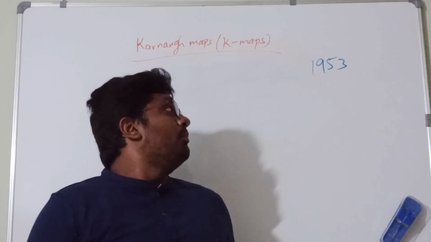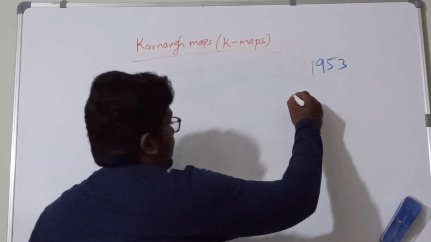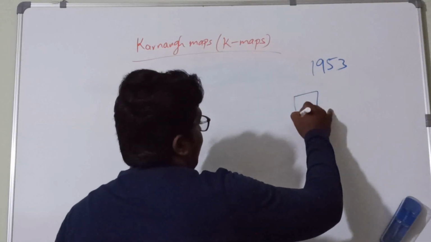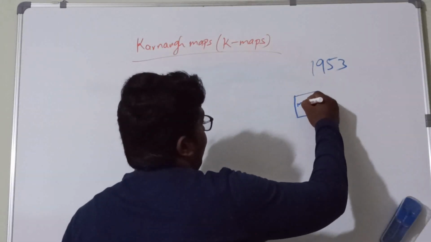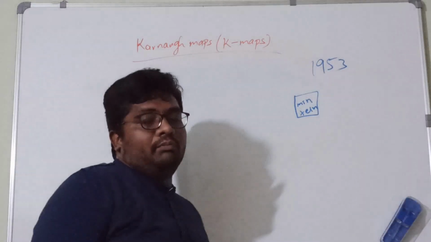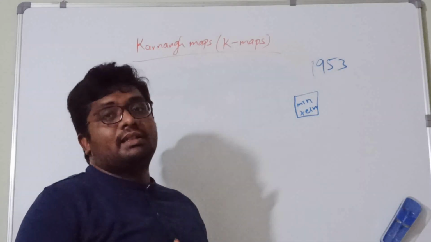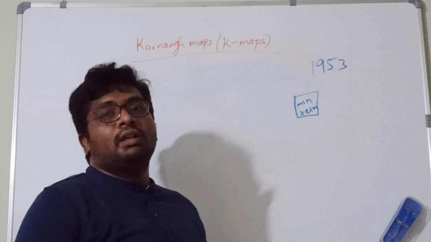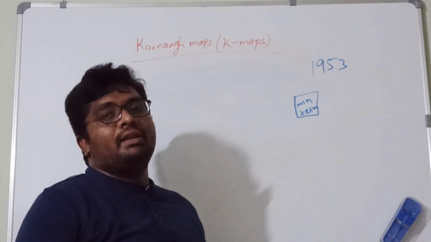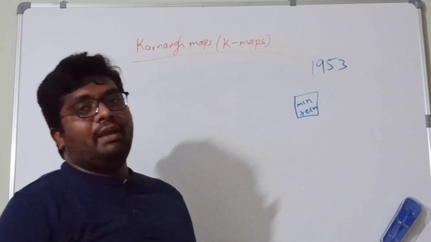These K-maps are made up of small squares, and each square consists of a minterm. In this lecture we are going to learn about the 2 variable, 3 variable, 4 variable, 5 variable and 6 variable K-maps.